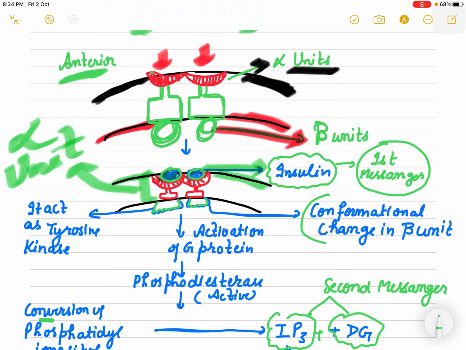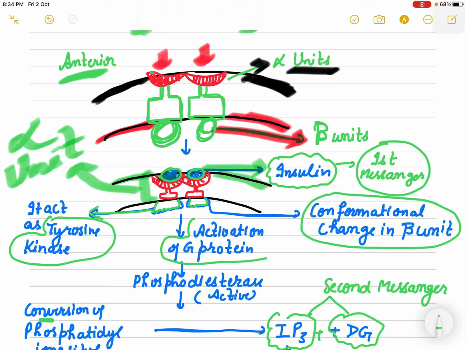So there will be a conformational change in the beta unit, and this beta unit acts as a tyrosine kinase enzyme. With the tyrosine kinase enzyme, there is activation of a protein which is known as G protein.